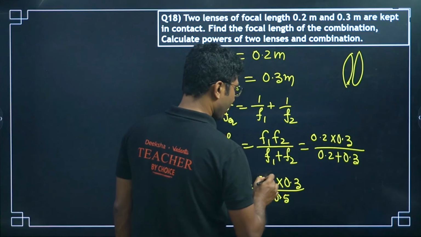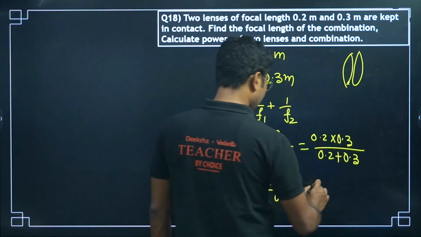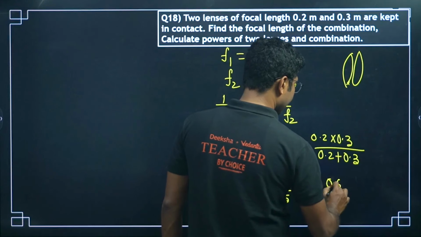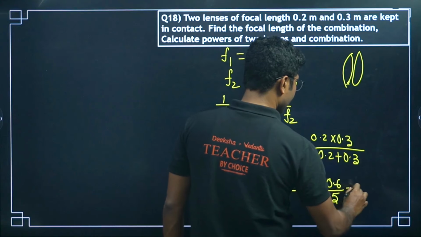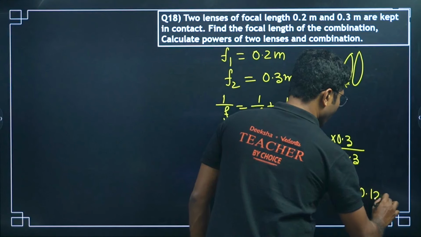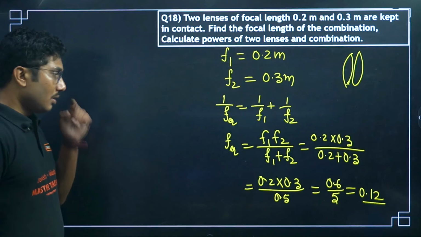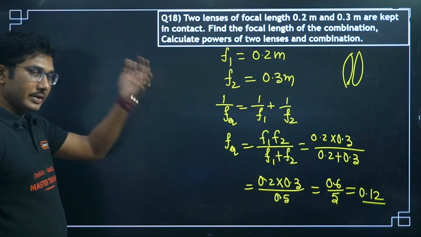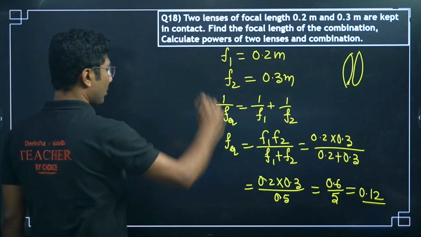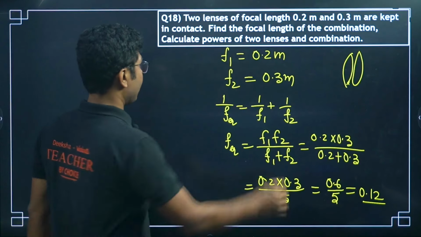So, the point cancels, we get 3 into 2 is 6, 0.06 divided by 0.5, so it will be 0.12. Now, you can use the calculator to calculate it. I know it, that is why I am putting it. This is easy calculation.